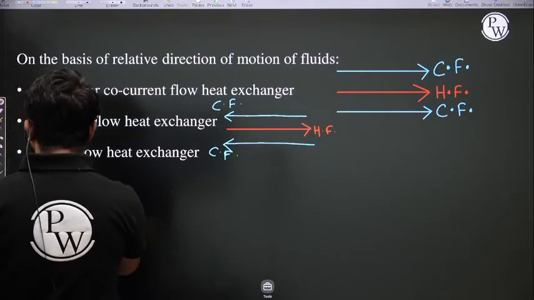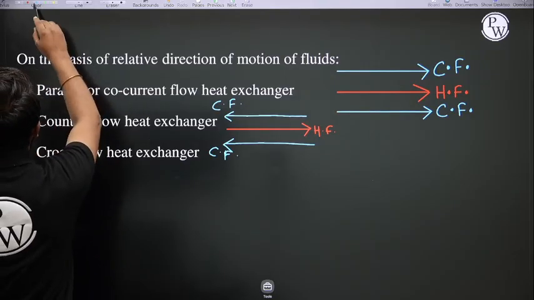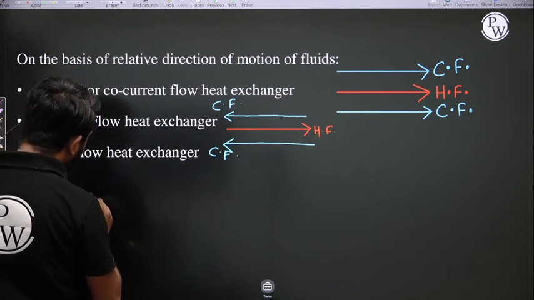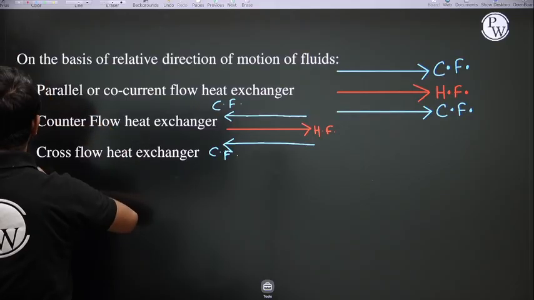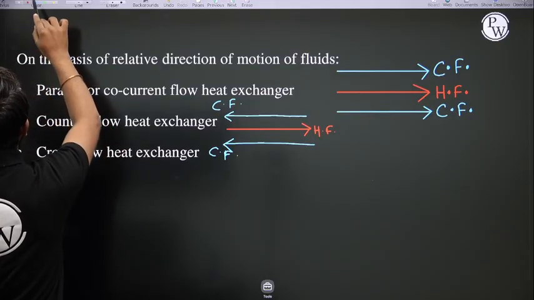So in the cross flow heat exchanger, the hot fluid and the cold fluid cut orthogonally.